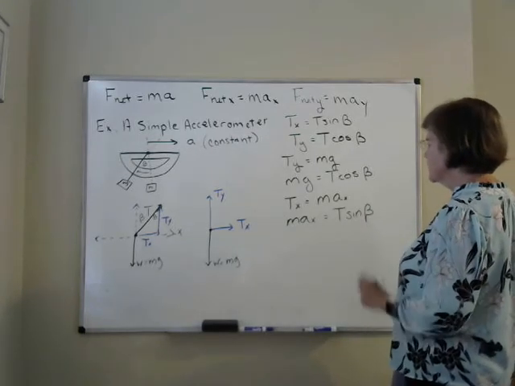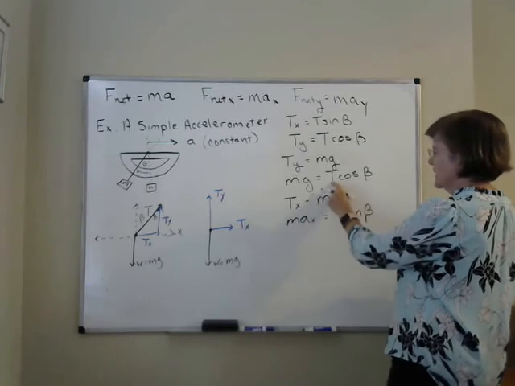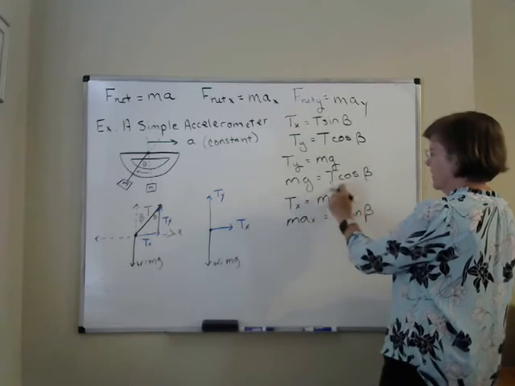All right, two equations, but I just really need to get rid of this T. What I'm going to do, if I solve for T, I realize that T equals mg over cosine beta.